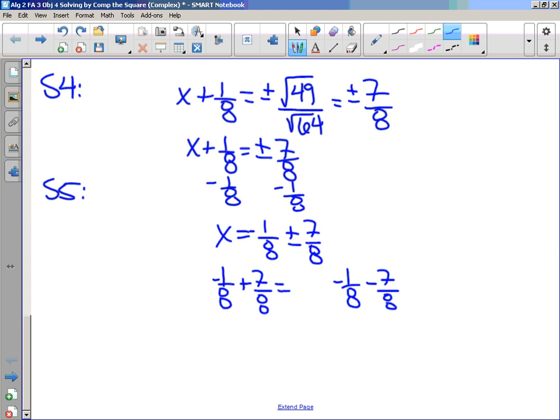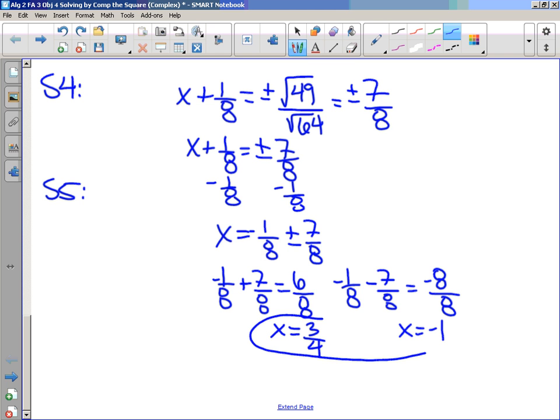Negative 1 plus 7 is 6. So this is 6/8. Or in other words, divide 6 and 8 by 2, I get 3/4. Negative 1/8 minus 7/8 is negative 8/8. Or in other words, negative 1. So x equals 3/4 and x equals negative 1. Those are my two solutions.